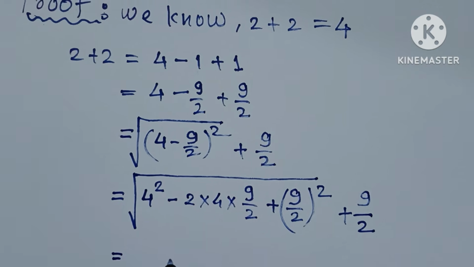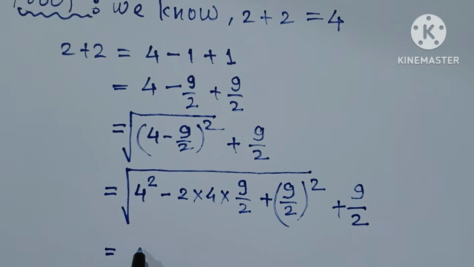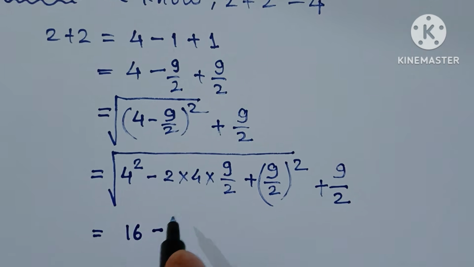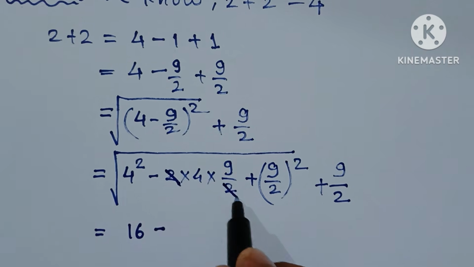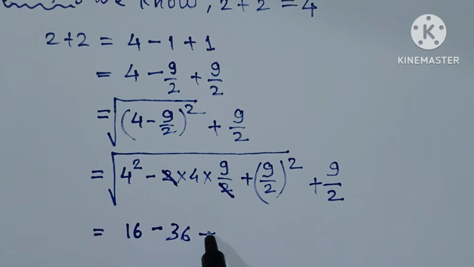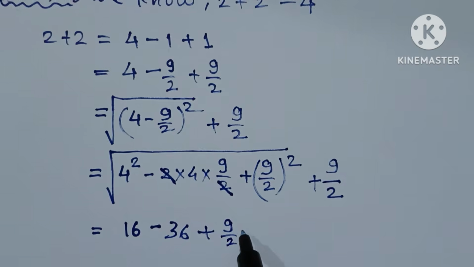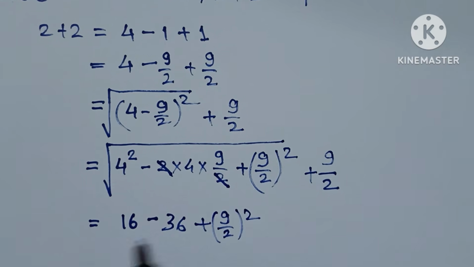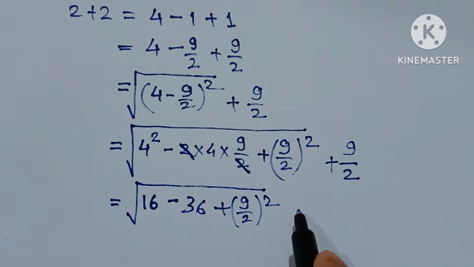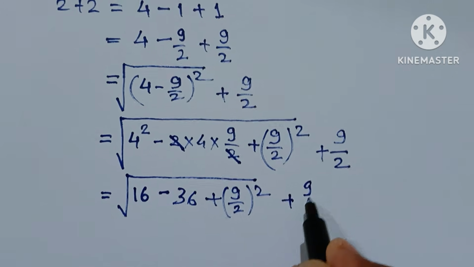Now 4 square is 16, minus 2 2s are cancelled, 4 9s are 36, plus 9 by 2 whole square, plus 9 by 2.